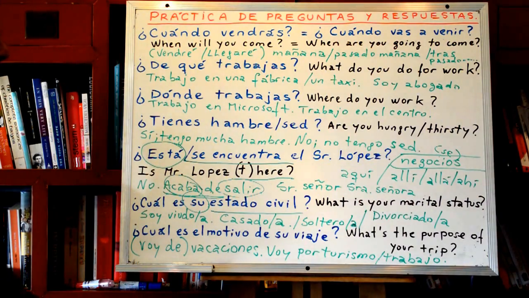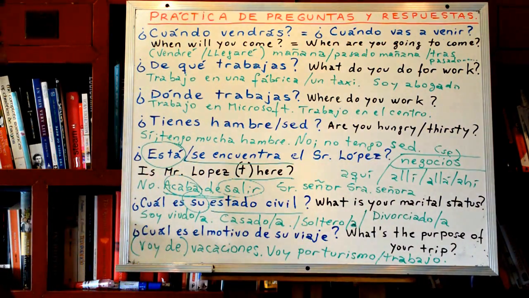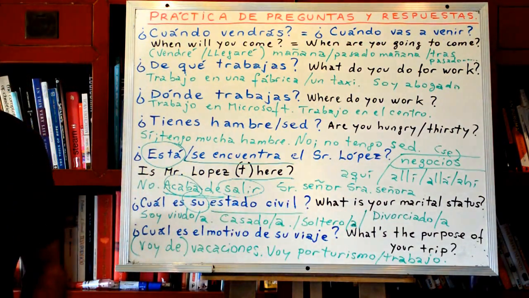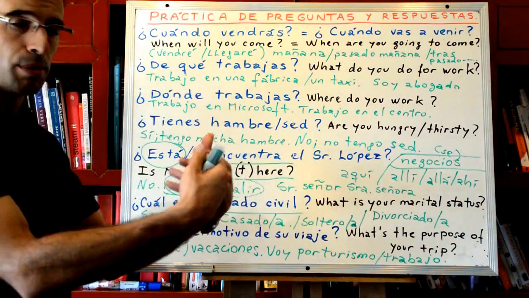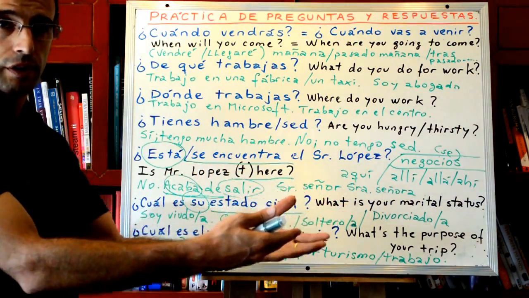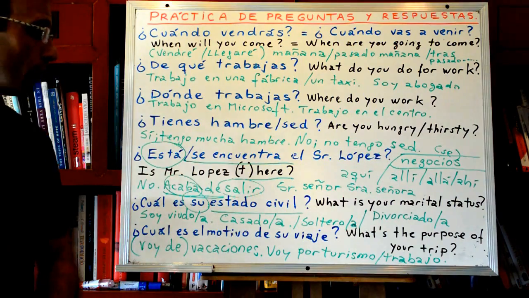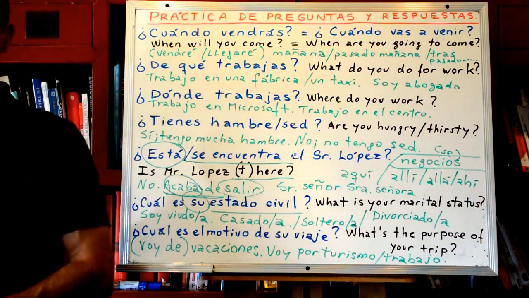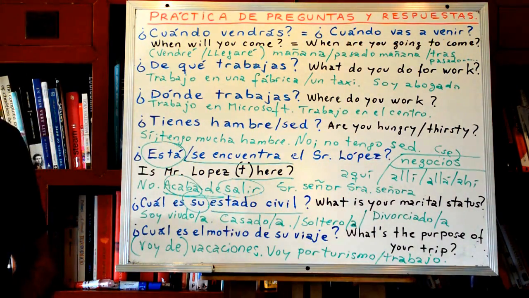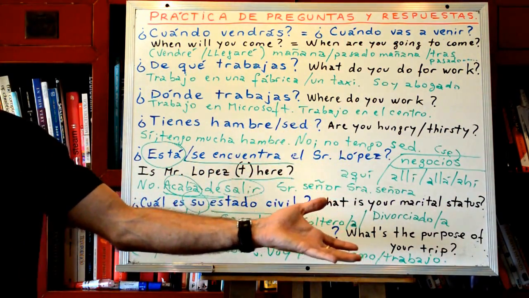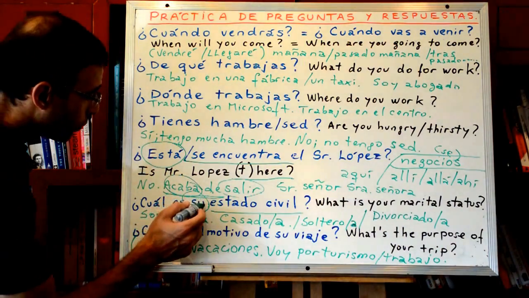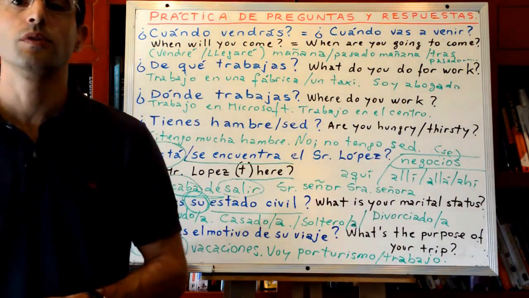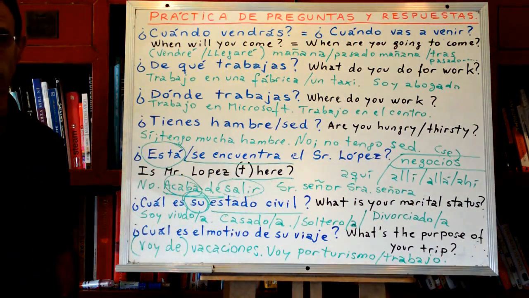So, without a proper context, we cannot know if this question is referring to a formal you, or to them, or to the plural you, or to him or to her, okay? So, whenever we see su, we really need a proper context to know who is the subject actually.